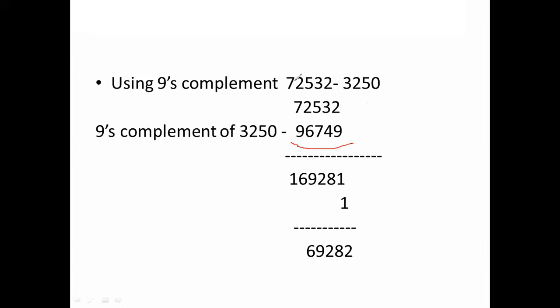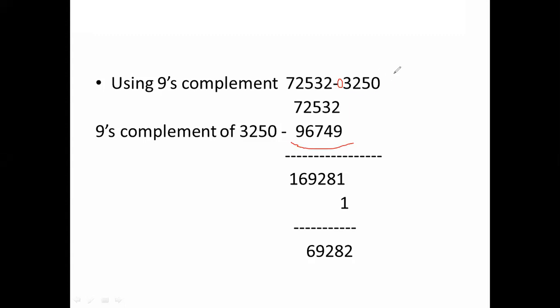If you observe these two numbers, 72532 has 5 digits, while 3250 has only 4 digits. That's why we put a 0 on the left side. Does putting a 0 change the value? It does not. So we can make any modification as long as the value doesn't change. So 03250. Now you calculate the nines complement for this.